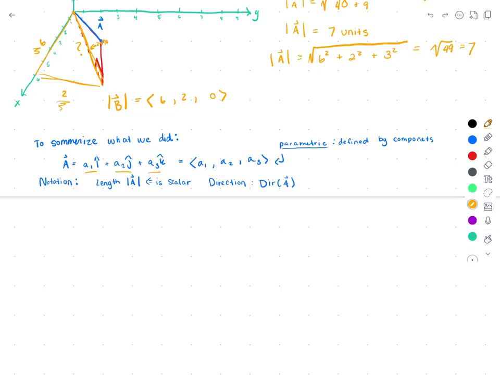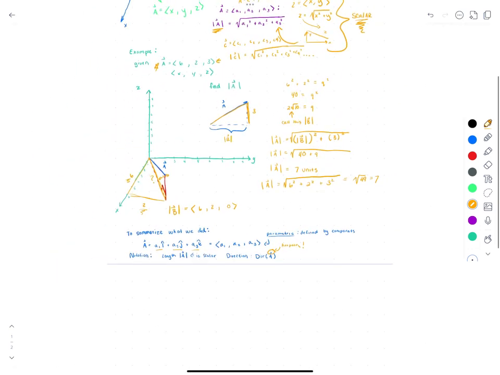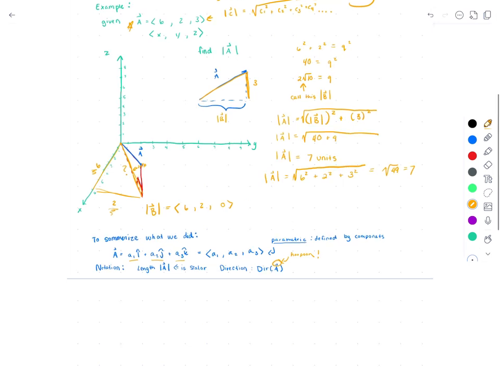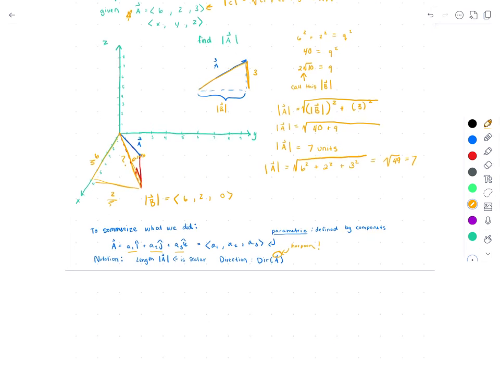Parametric are defined by components. Notation: the length of A is written as the absolute value of A, or I just call them in my head absolute value brackets. And the direction of A is denoted by the dir of A. Hopefully you have a good understanding of this. And now let's try another problem.